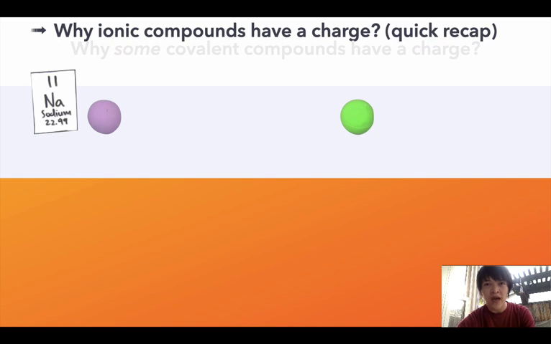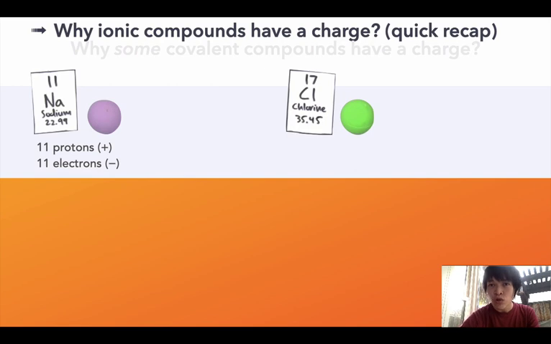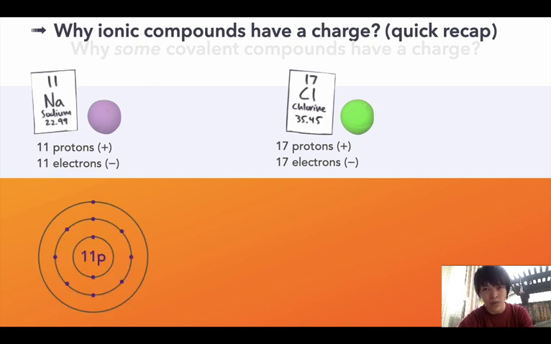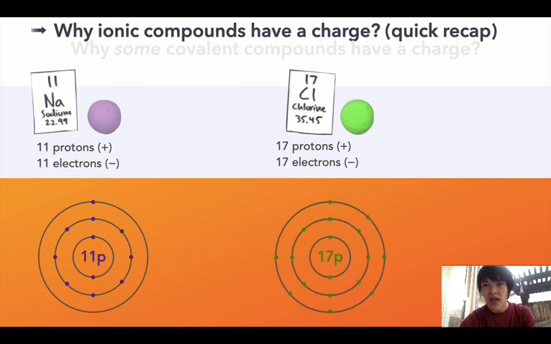Neutral sodium has 11 protons and 11 electrons. Protons are positive, electrons are negative. Neutral chlorine has 17 positive protons and 17 negative electrons. Here's a Bohr model of a neutral sodium atom and a neutral chlorine atom. At this point, there's no charge at all.